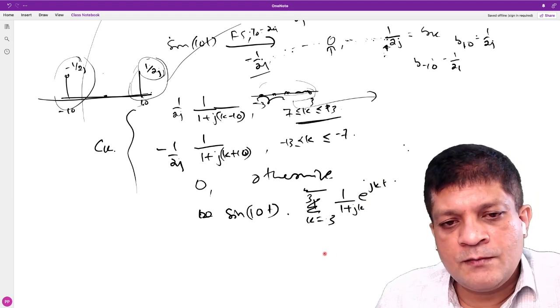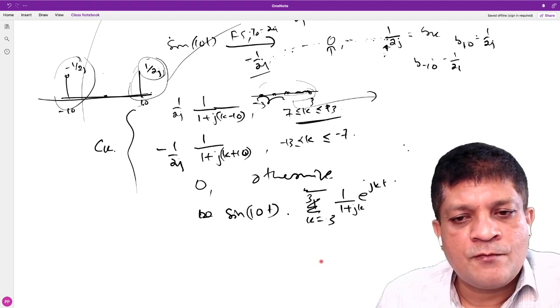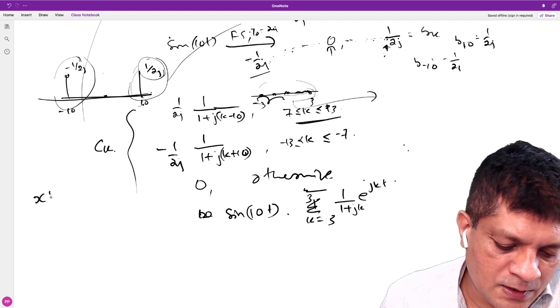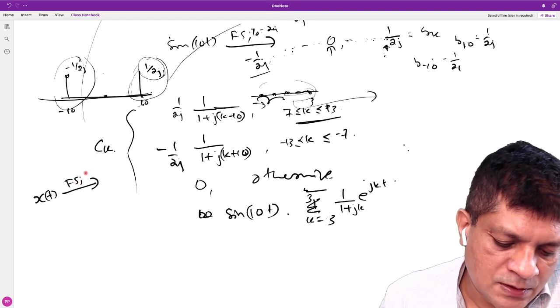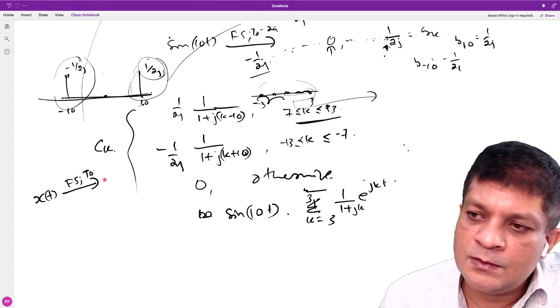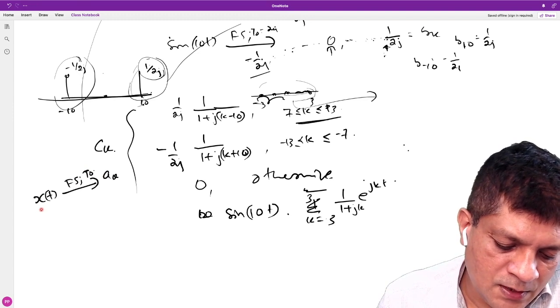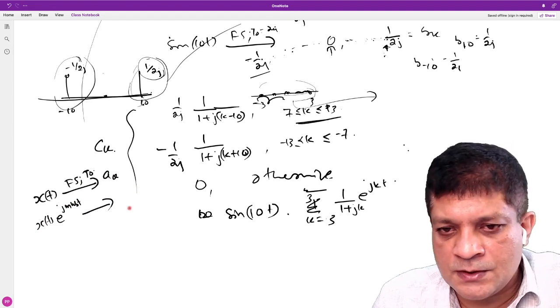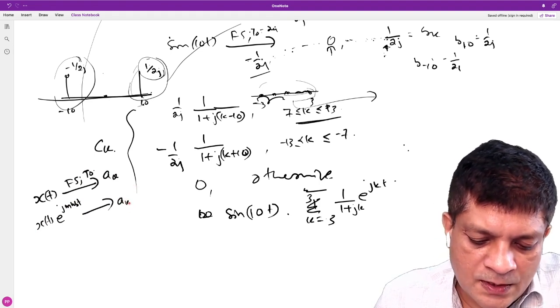Now, can we use the frequency shifting property? What is the frequency shifting property? If you are given a signal x(t) whose Fourier series with respect to period T naught is a_k, then if you multiply that signal with the mth harmonic e to the power j m omega naught t, what will be the Fourier series coefficients of that signal? a_(k minus m).